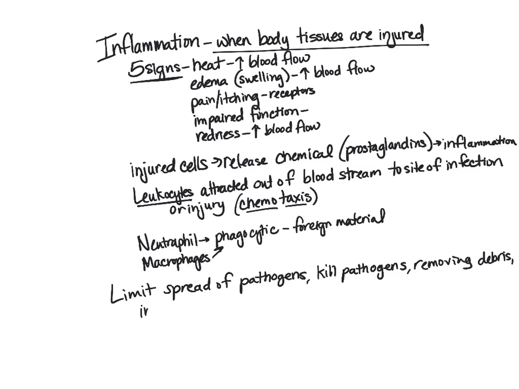And then it initiates tissue repair. So it actually is going to also be bringing things to the site in order to initiate the repair of that tissue. So that's the last part of our second line of defense.